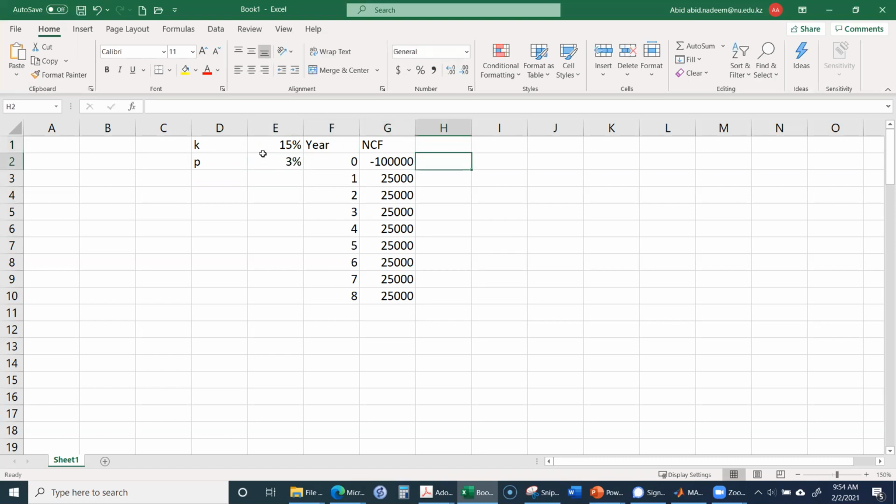In this case, the discount factor is equal to 1 divided by 1 plus the hurdle rate or discount rate plus the inflation rate, to the power of the year.